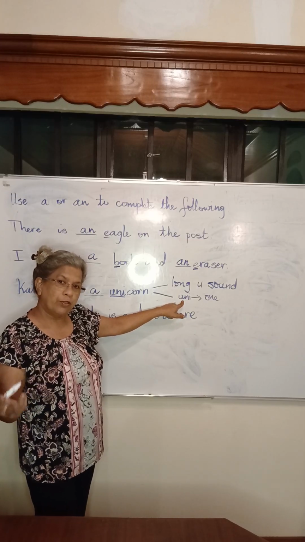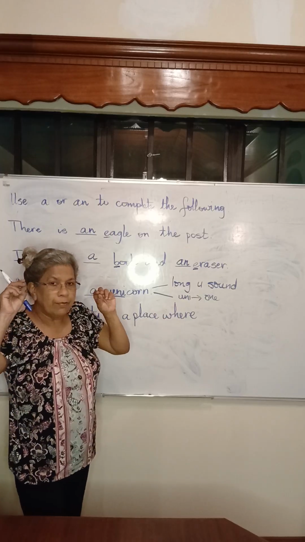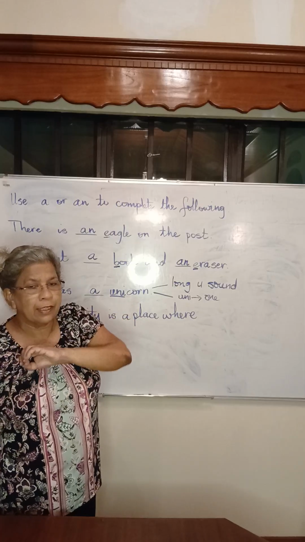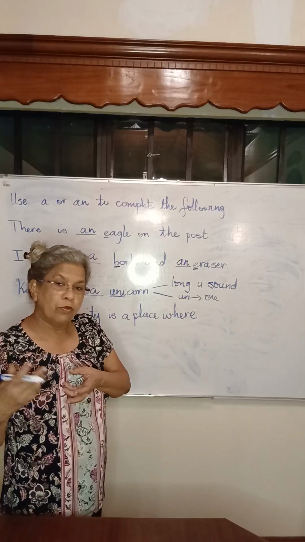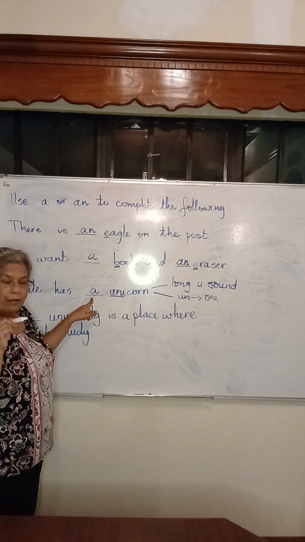Unilateral, universe, one universe. Okay? So you have to keep that in your mind. Unicorn, uni, the syllable tells us about one, or the long U sound, to help you remember that you're going to use A and not an.